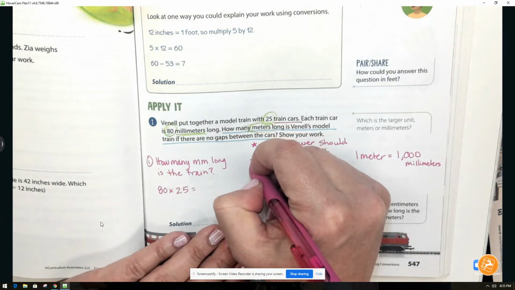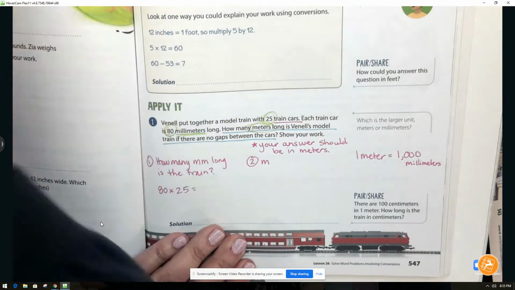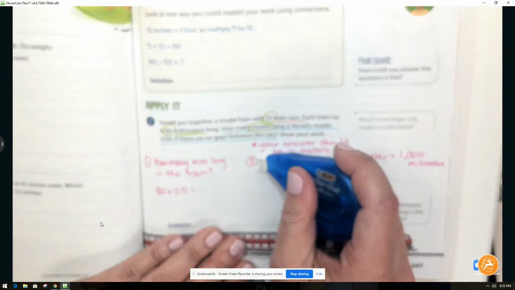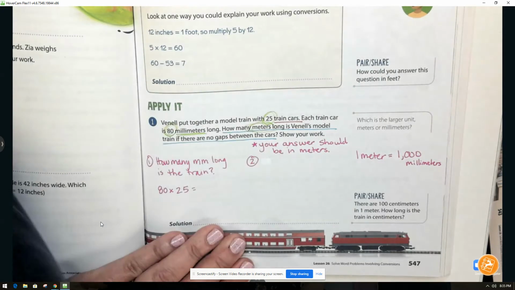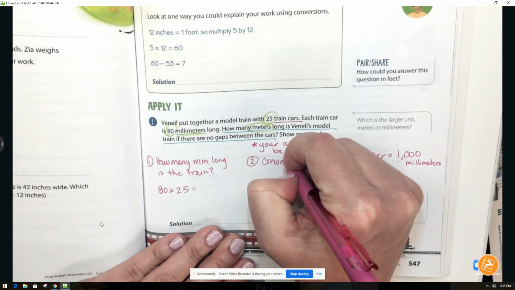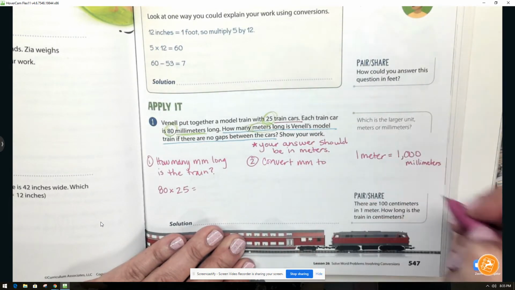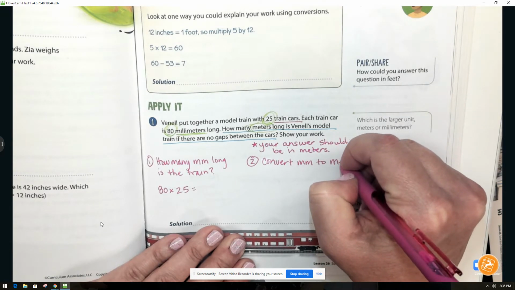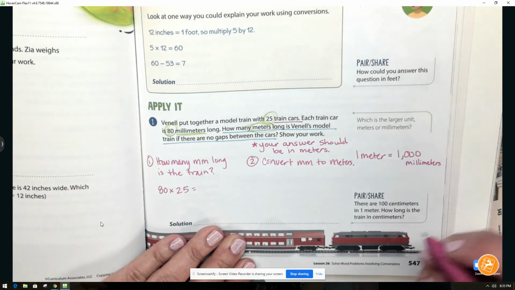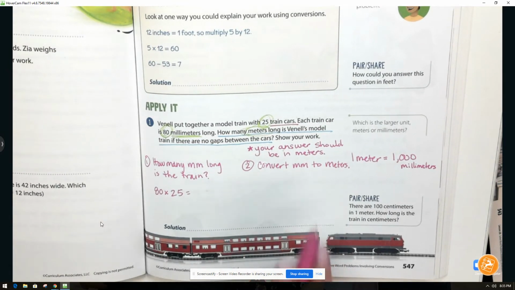Then you need to convert those millimeters to meters.